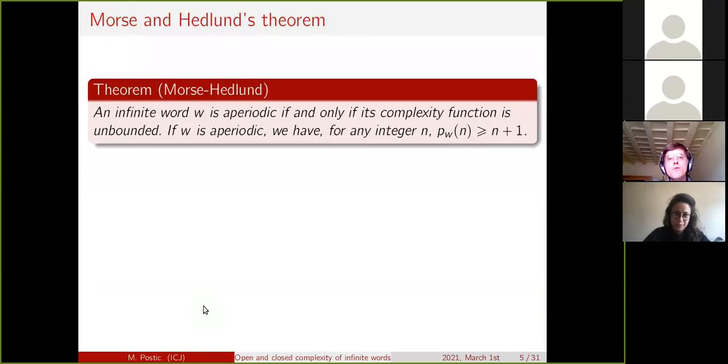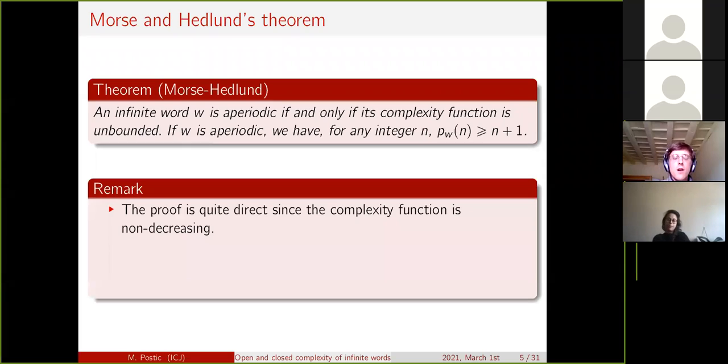A very famous theorem in combinatorics on words, I'm pretty sure all of you know it, is a theorem from Morse and Hedlund, which states that an infinite word is aperiodic if and only if its complexity function is unbounded. And moreover, it gives a bound on the complexity function for an aperiodic word.